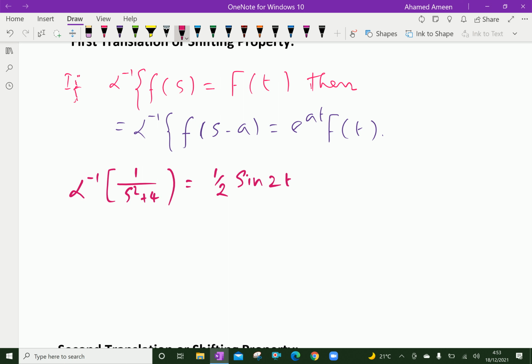Then from that we are using this principle, that is, the inverse Laplace transform of f(s minus a) is equal to e power at times f(t).